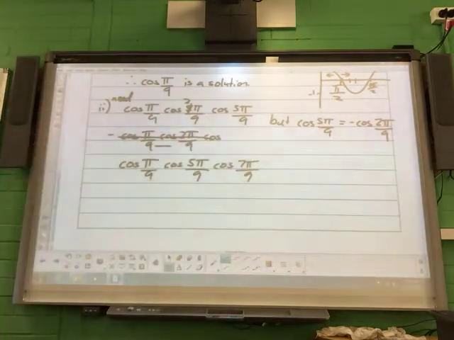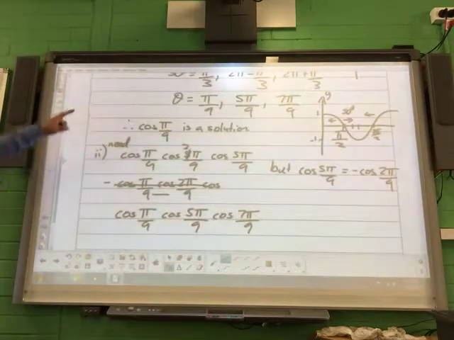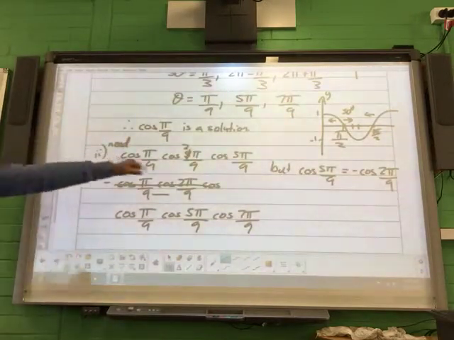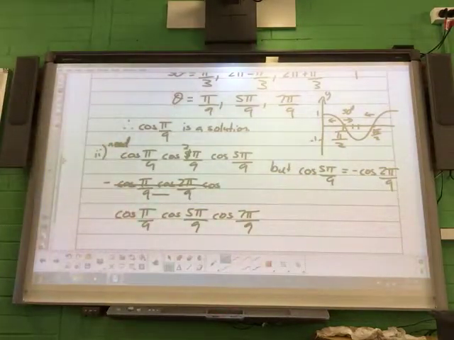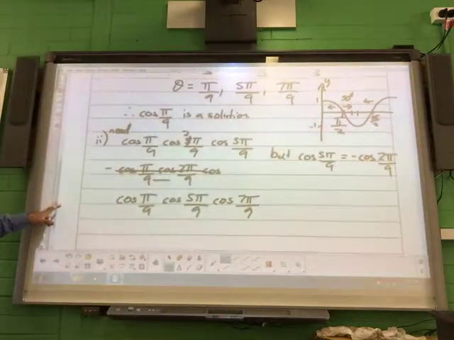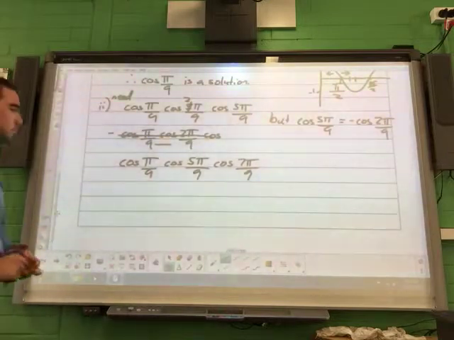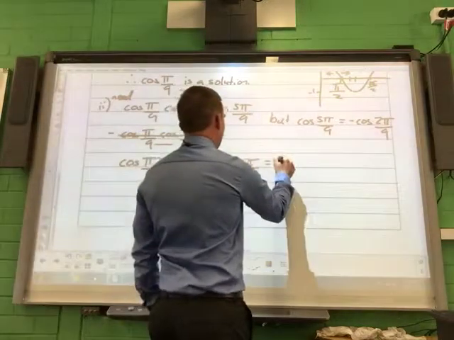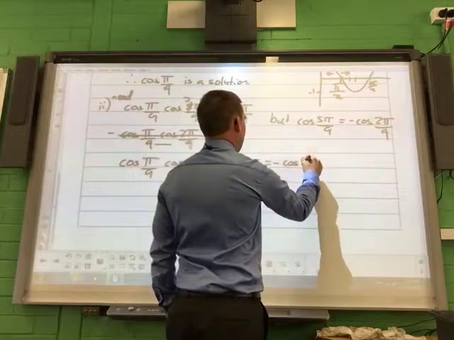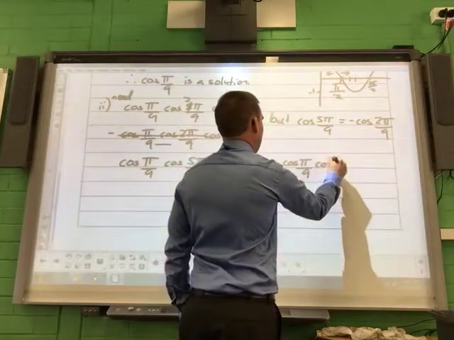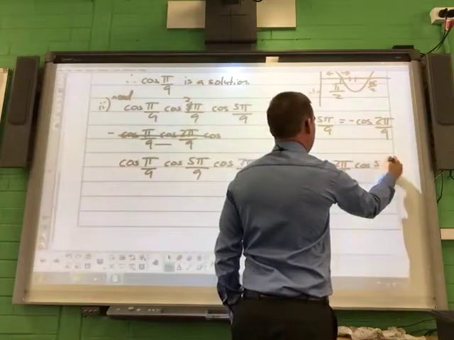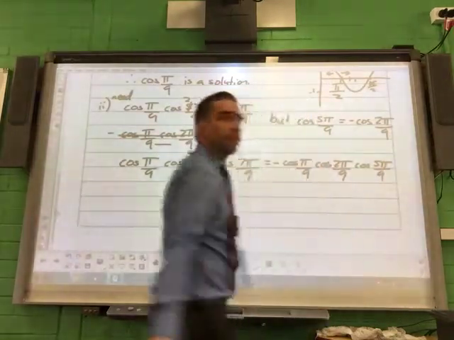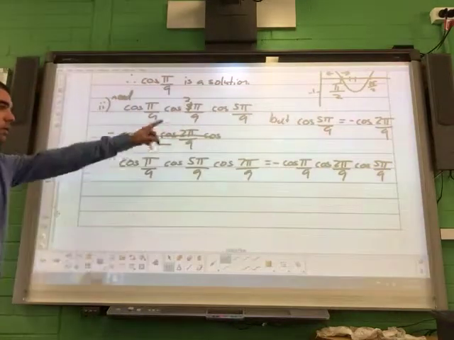There are my three roots that I've got from setting up. And cos of 5 pi on 9 is equal to negative cos of 2 pi on 9. So it equals negative cos of pi on 9, cos of 2 pi on 9, and cos of 2 pi on 9. Just putting that minus sign out the very front.